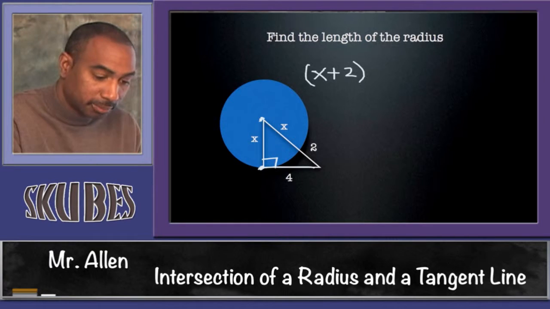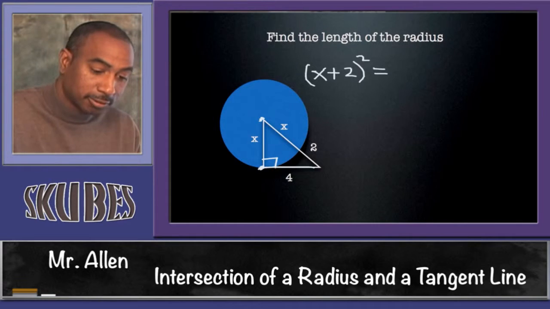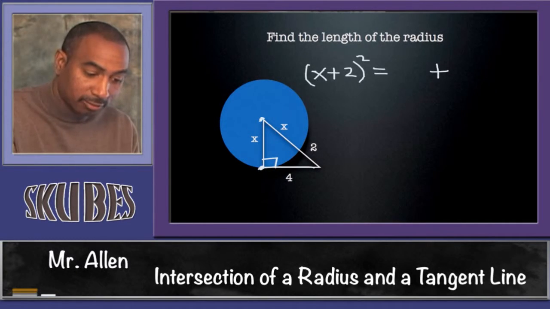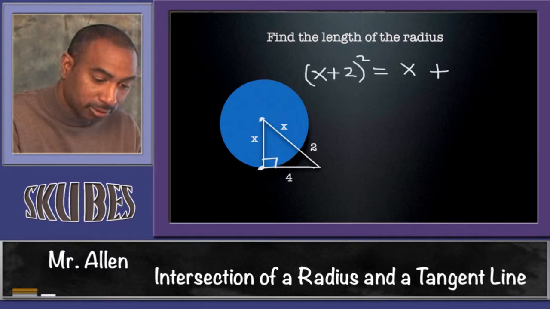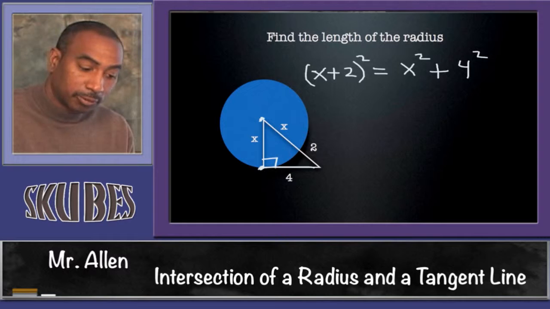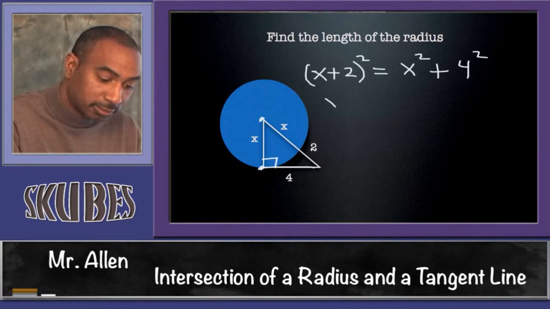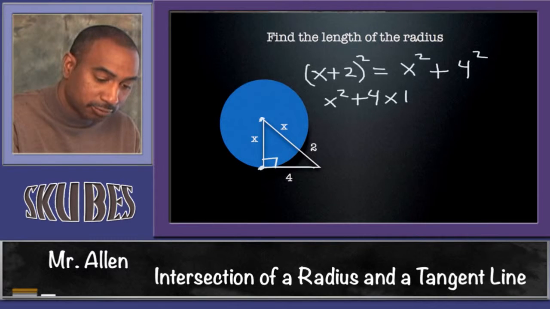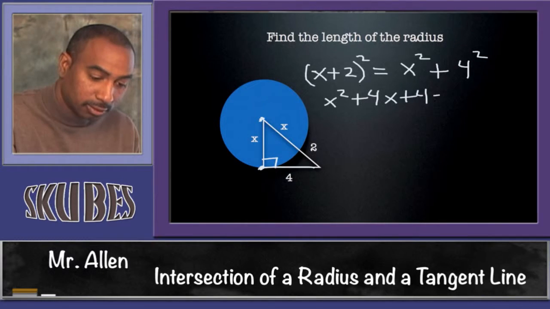Using segment addition there, I have to square that according to Pythagorean theorem, and that's equal to the sum of the square of the legs. My legs are x and 4, so I get x squared plus 4 squared. If you expand this, you get x squared plus 4x plus 4 equals x squared plus 16.